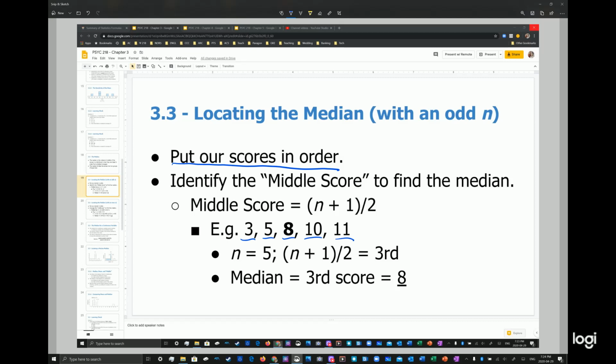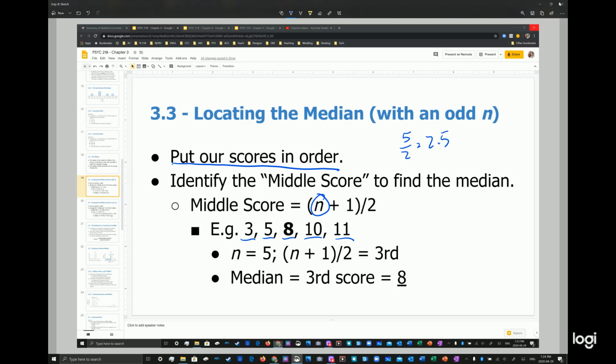Now, there is a mathematical expression for this. We find the number of scores, the sample size or the population size, which we call n. If we take an odd n, say 5, and try to divide by 2, we're going to get 2.5.